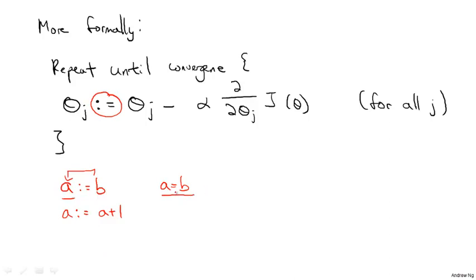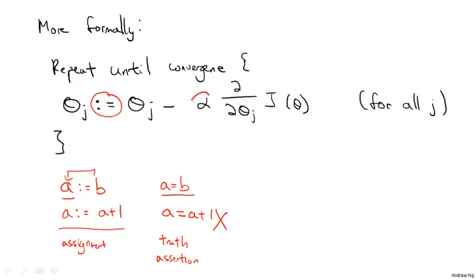This is making a mathematical statement, claiming that the value of a is equal to the value of b. Whereas the thing on the left is assignment, the thing on the right is a truth assertion. Therefore, whereas I might write a := a + 1 to mean increment a, hopefully I won't ever write a = a + 1, because that's just false. That's just never correct.